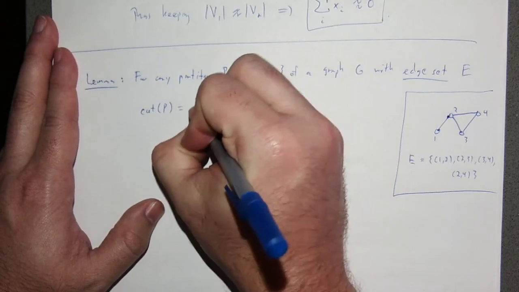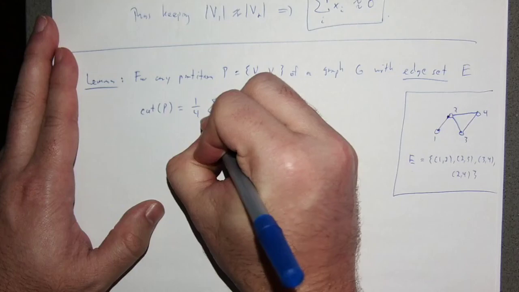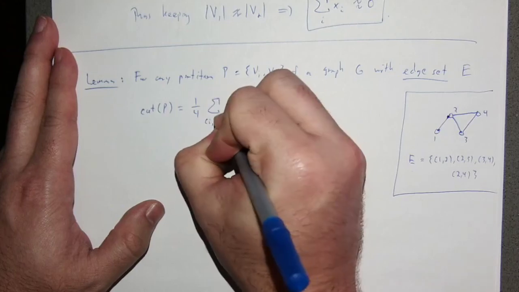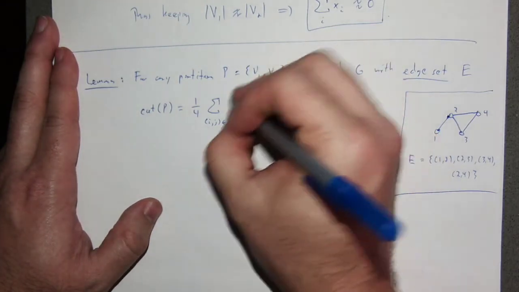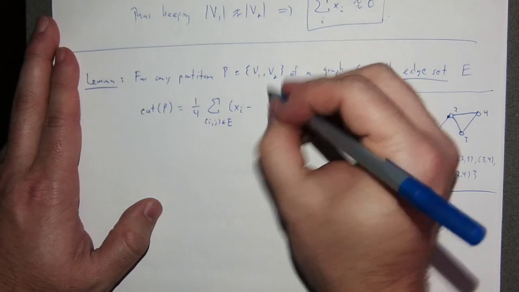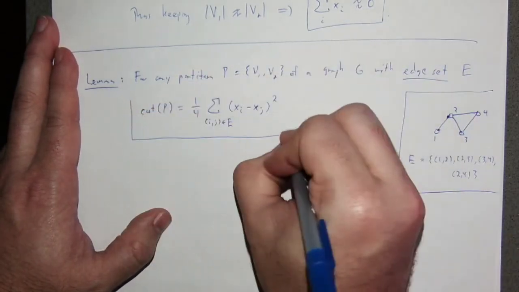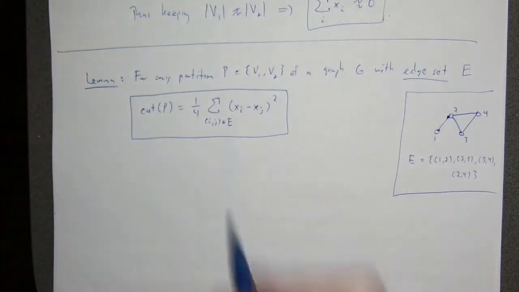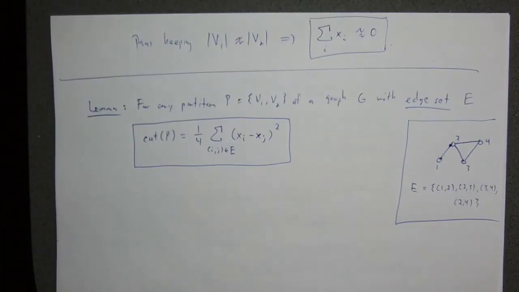So this cut is 1/4 the sum over edges ij in the edge set E of this square of this difference, x sub i minus x sub j squared. This might look a little confusing at first, and indeed we're not going to use this explicitly. We're more going to use what this tells us.